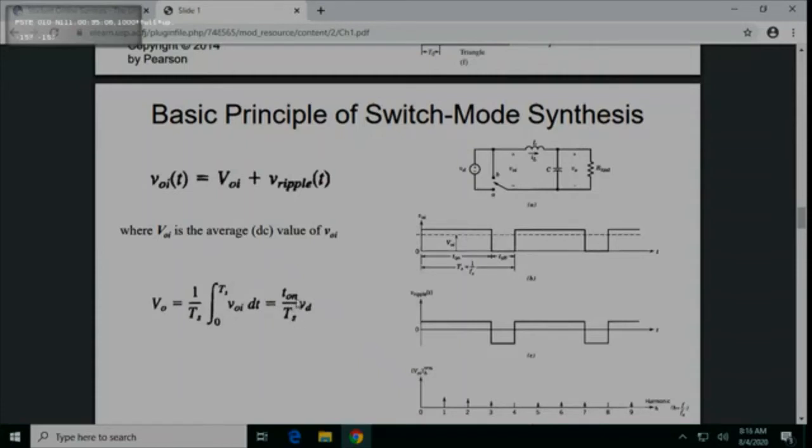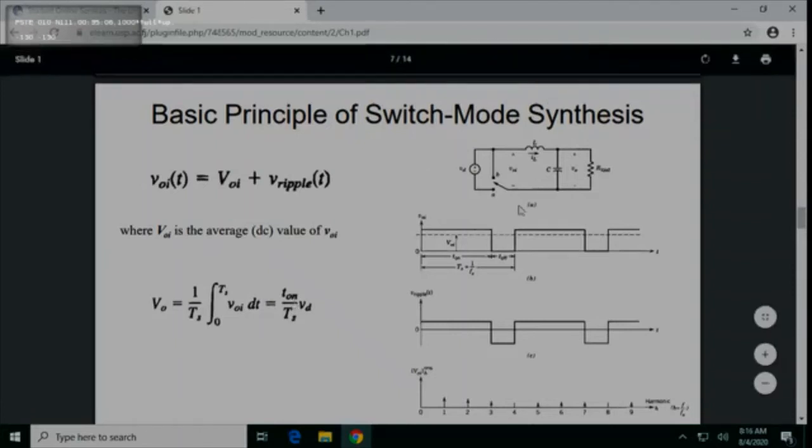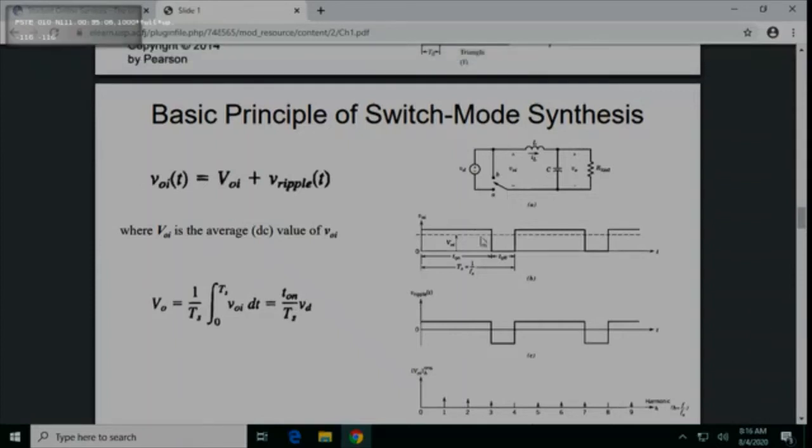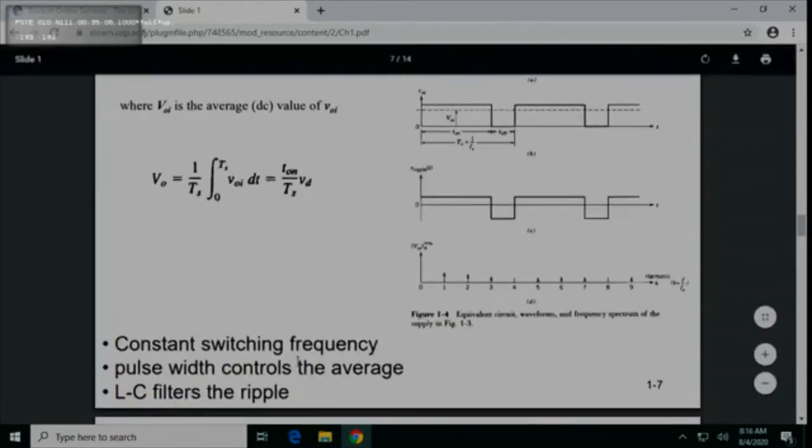As I have mentioned, the period that the switch is on is the period you will get your voltage. Divide by your Ts, times your VD. Simple formula to remember, you understand? Switch on time, divided by the total time for one period, times your VD will give you V output. Something to remember always. And then this is the harmonic factor, which we are not very much interested in.